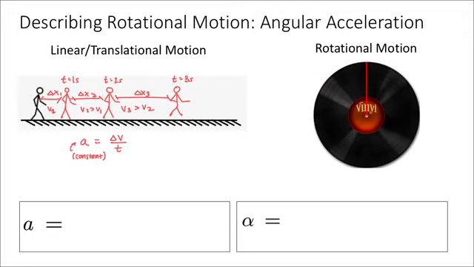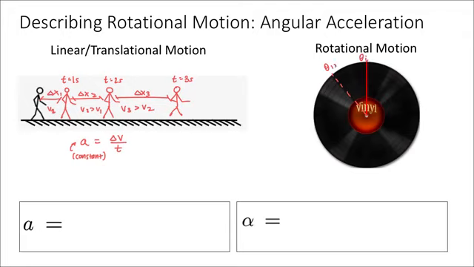We can do the same exact thing for rotational motion. This time instead, I want you to imagine that this disk is spinning and it's starting to spin faster. So when you see it, you might just say, oh, this looks like it's spinning faster, or it's rotating faster every second. So it might look something like this. Maybe after 1 second, you rotate the disk, and this is my theta initially, and then maybe this is theta after 1 second.